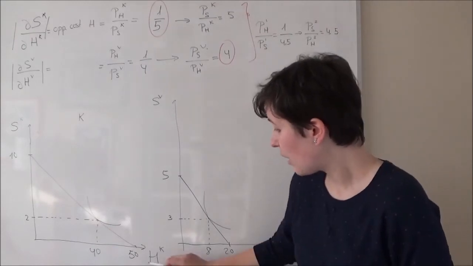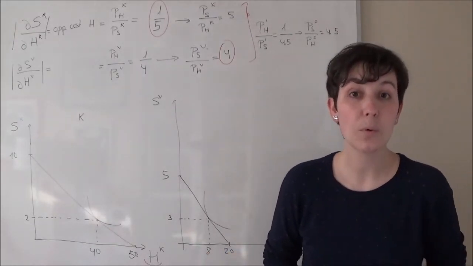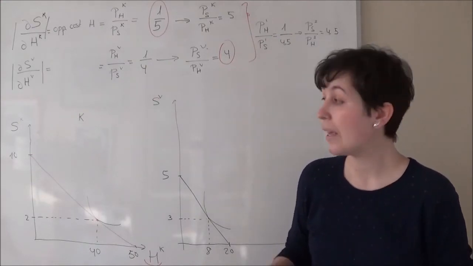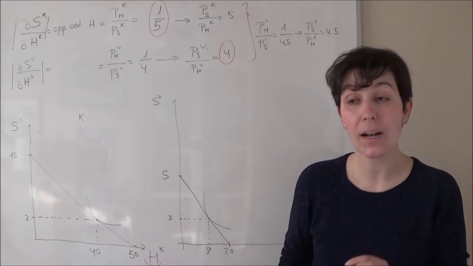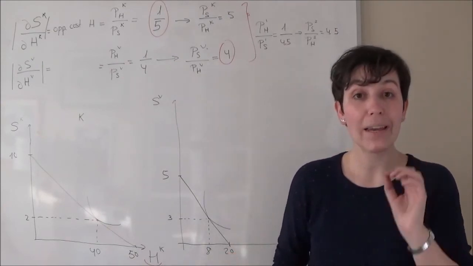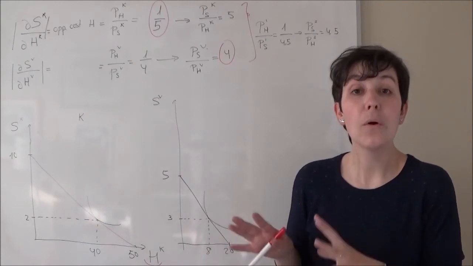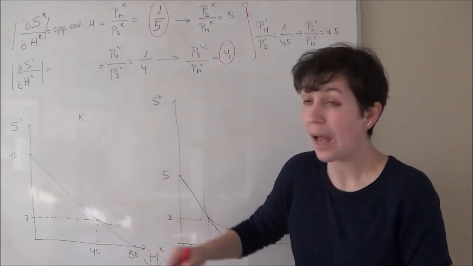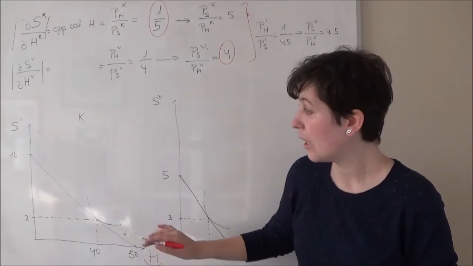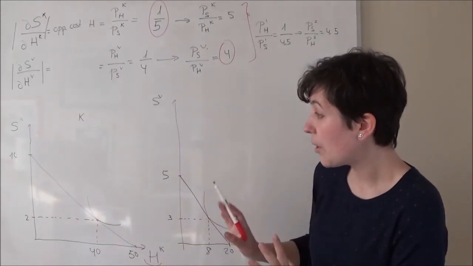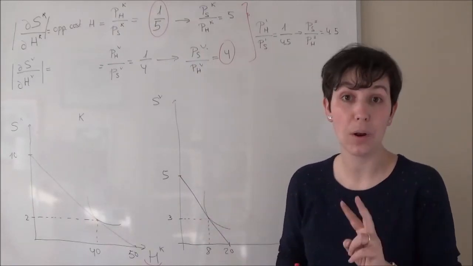In fact, the relative price of helmet must be equal to the opportunity cost of helmet. In fact, we know that the slope of the PPF is the relative price of helmet. So in this case, in which the economy is closed, we know that the PPF and the relative price curve are in the same place.